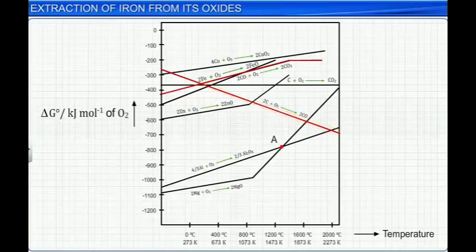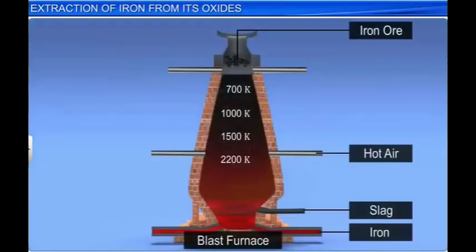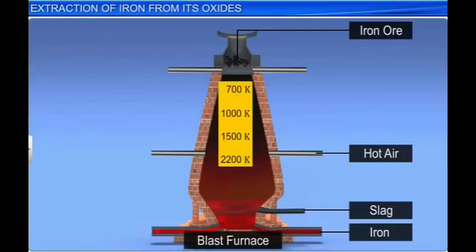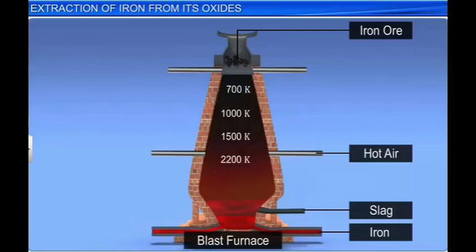Let us apply this concept to the extraction of iron in an iron furnace. In the furnace, ferrous oxide is reduced at different temperatures. Ferrous oxide ore is introduced into the furnace from the top. At the same time, coke is in the lower portion of the furnace, with hot air blown in to produce a temperature of 2200 Kelvin.